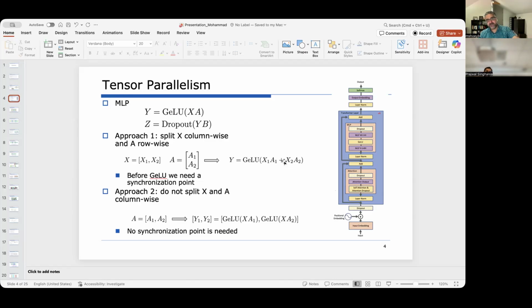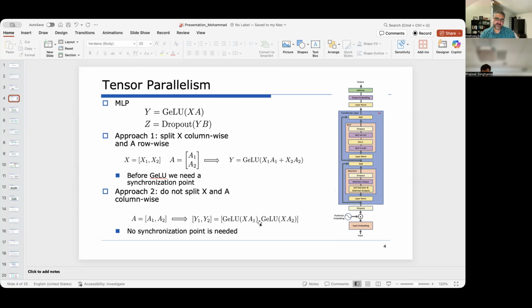This reduction, which is basically an all-reduce, adds a lot of communication cost. But if you have two sequential GEMMs with a nonlinearity, and instead of splitting A along the row dimension you split it along the column dimension, then you have two separate GeLU of XA1 and XA2 that you can basically parallelize.